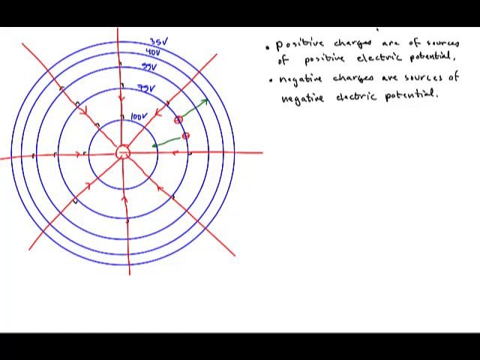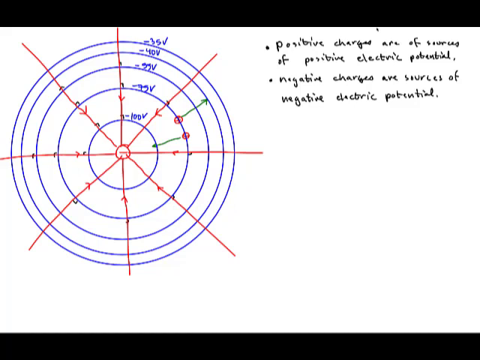So this sketch depicting a negative charge is a source of negative electric potential, and we know electric field lines point in the direction of high potential to low potential. So I am going to insert a minus sign in front of each of these values that I copied from our positive source charge. Notice that as we go from the outside to the inside to the center of the circle where the charge is located, notice how the electric potential surfaces become more and more negative.